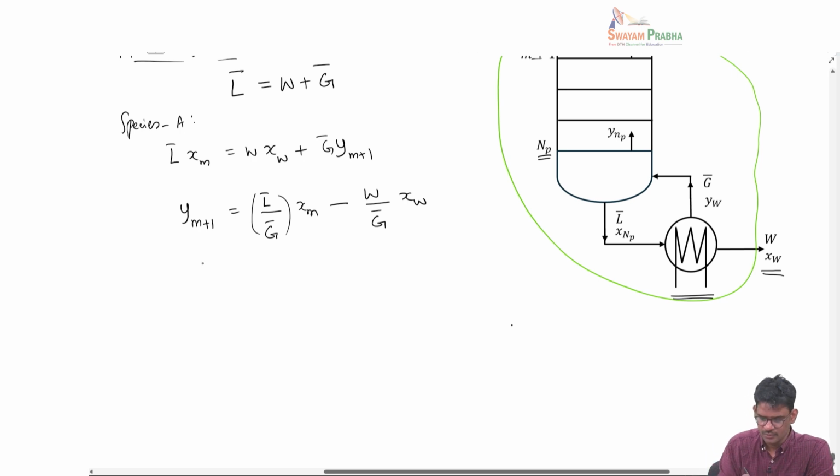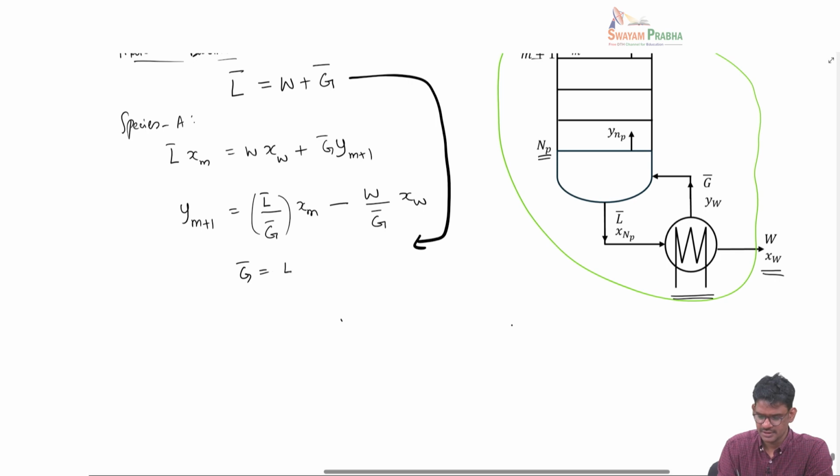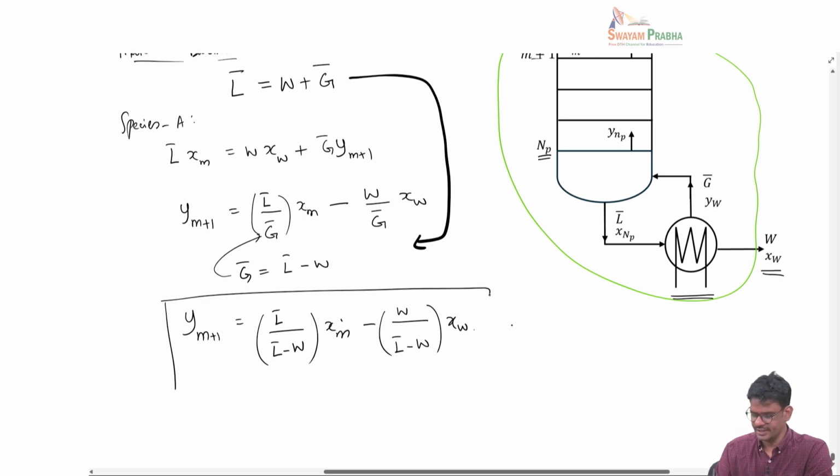So now what I can do from here, I can write that G bar is nothing but L bar minus W, and I can substitute that here. So this is the operating line for the exhausting section.